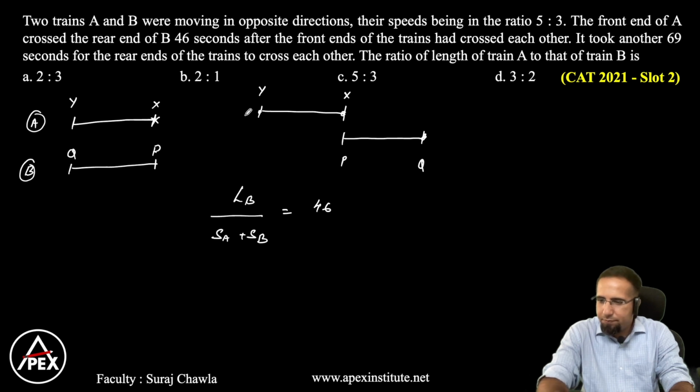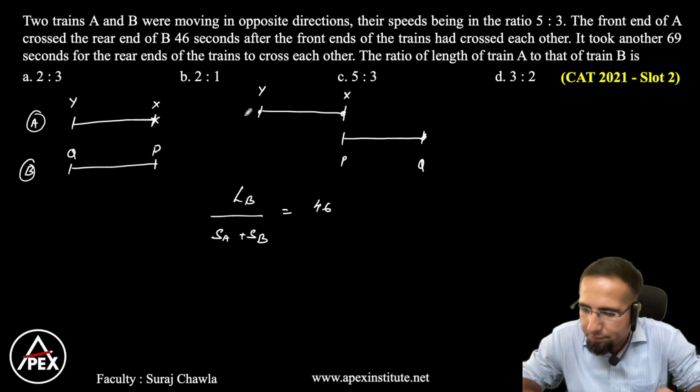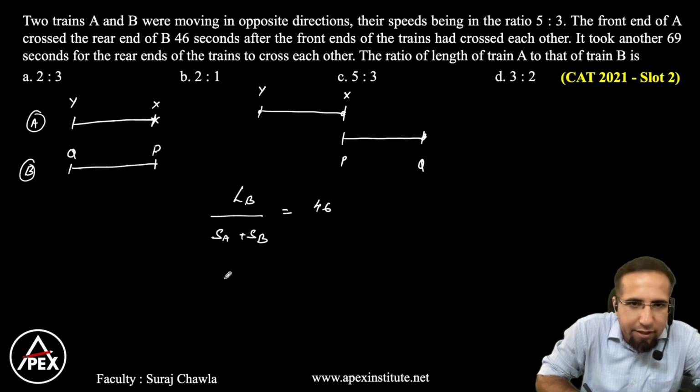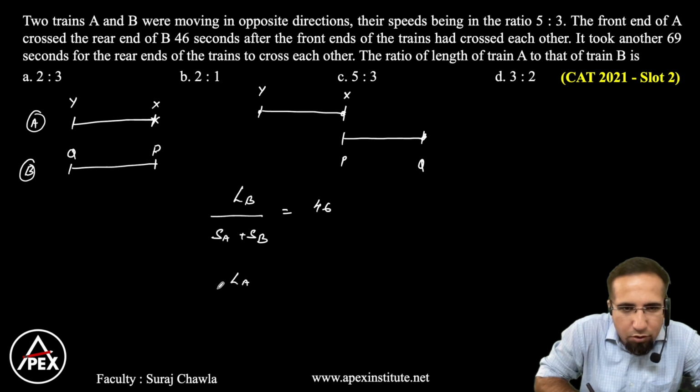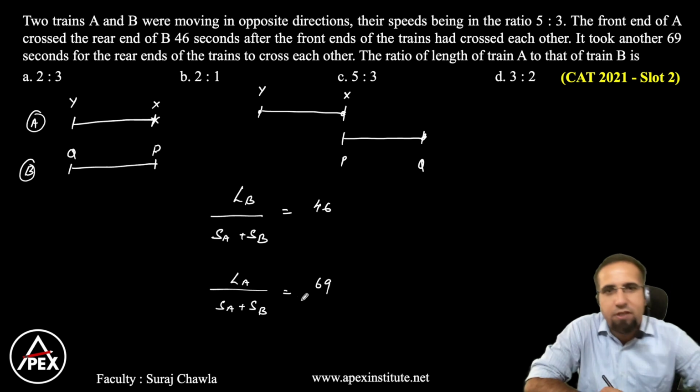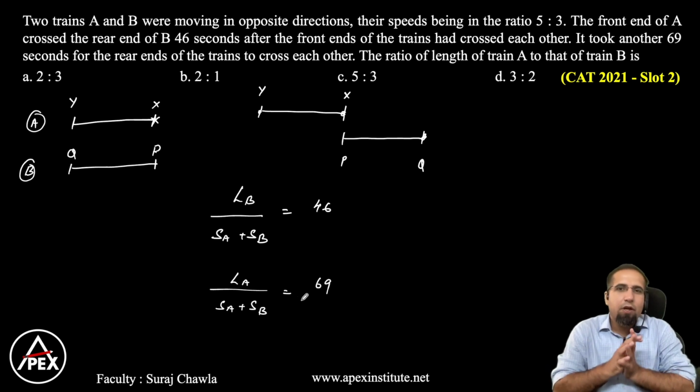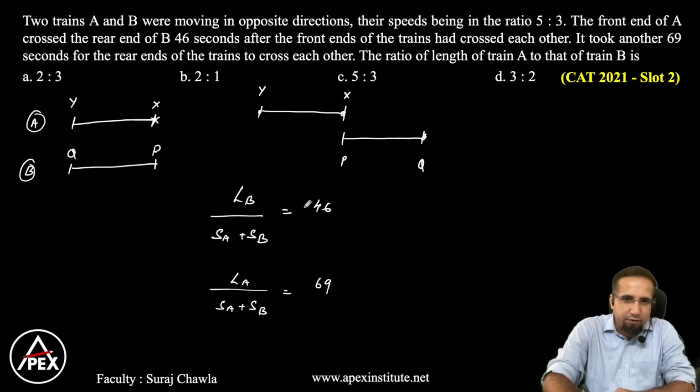Okay, guys? So in that case, we have the length of A, and since both of them are moving in opposite directions again, speed of A plus speed of B, and this is going to be a total of 69 seconds. Another question is asking you to find the ratio of the lengths of both the trains.